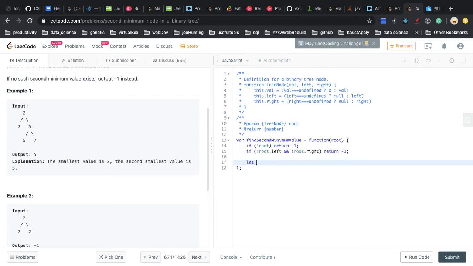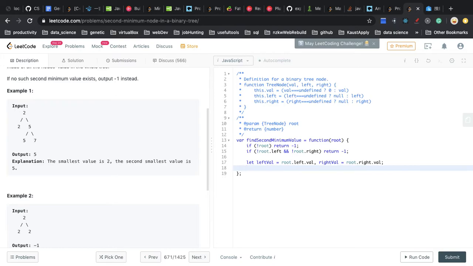So we just write left value equals the value of the left node of the current node we are visiting, and the right value equals the value of the right node of the current node we are visiting.